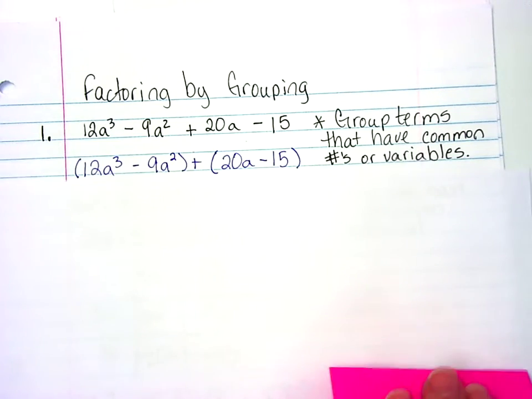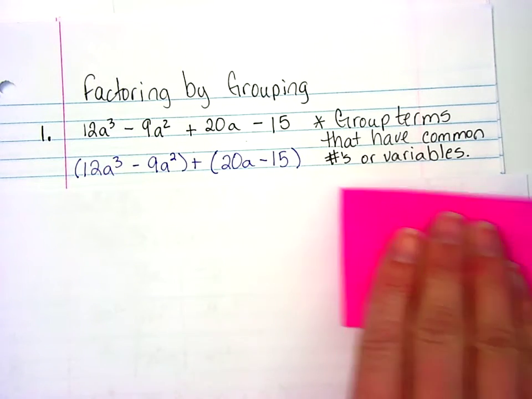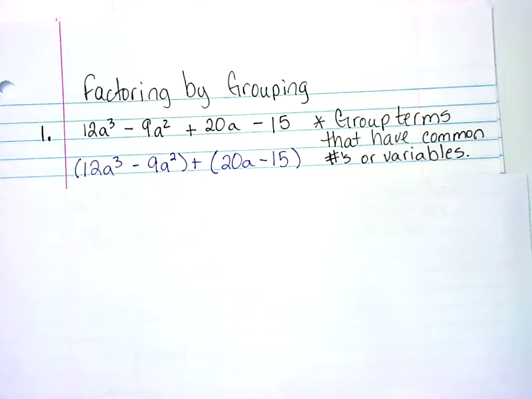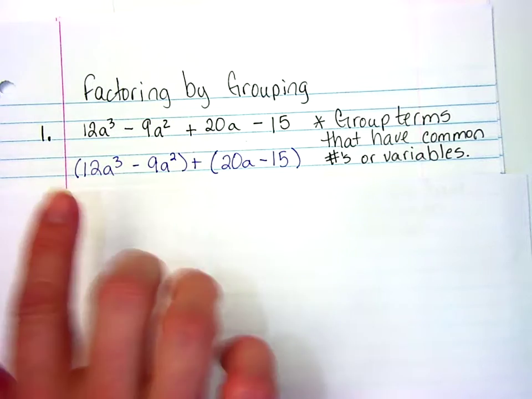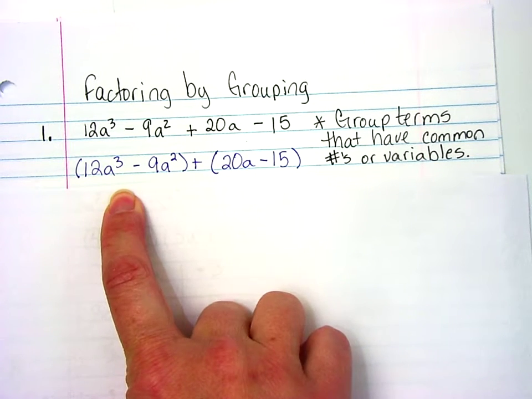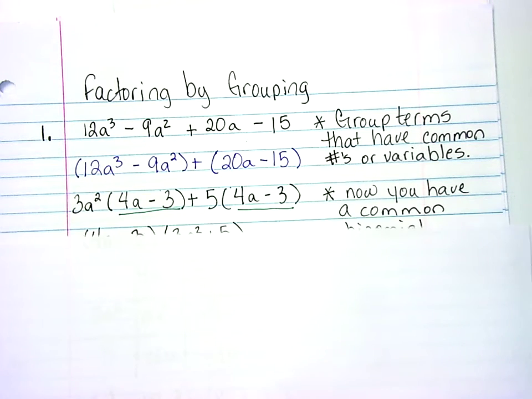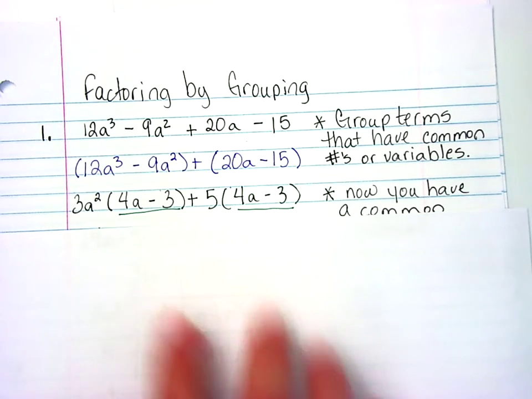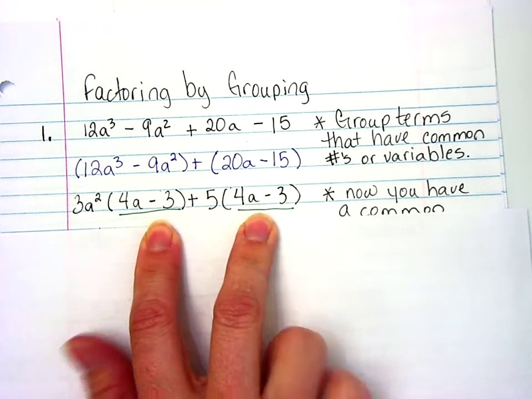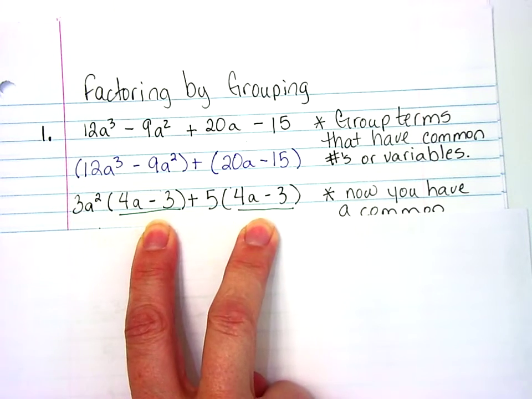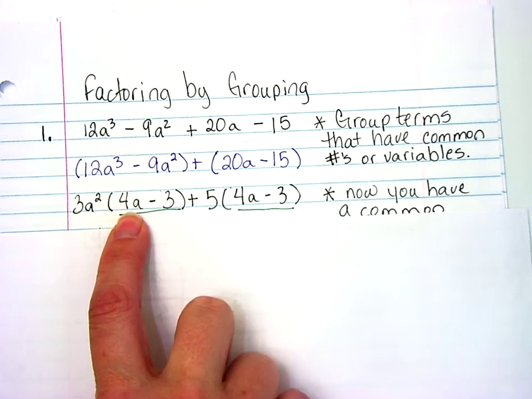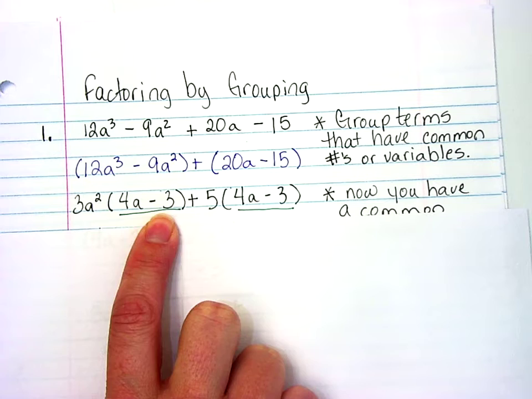Okay, and whenever I do that, I now have 2 different sets of parentheses. I'm going to factor out what's common here, and I'm going to factor out what's common here. Whenever you do that, you now get a common binomial. Okay, so we factored out the 3a squared, leaving us with 4a minus 3.